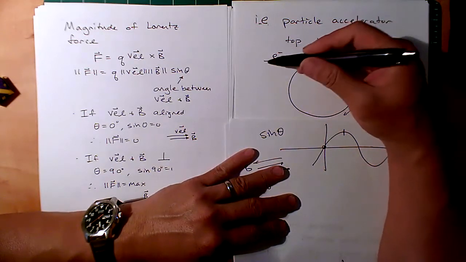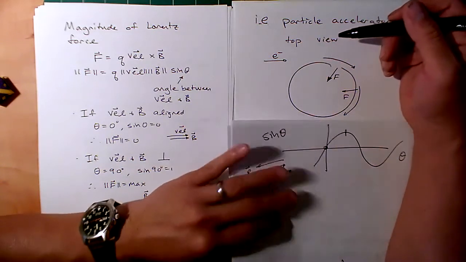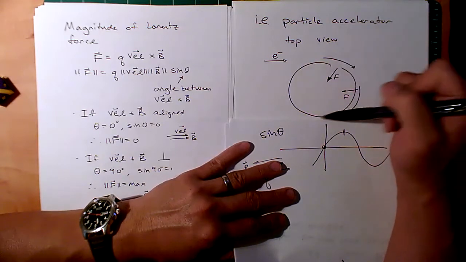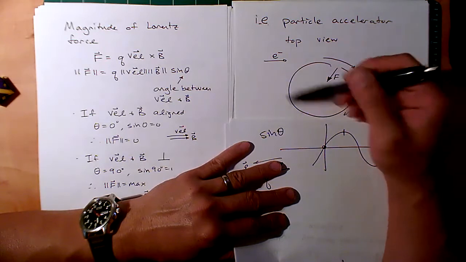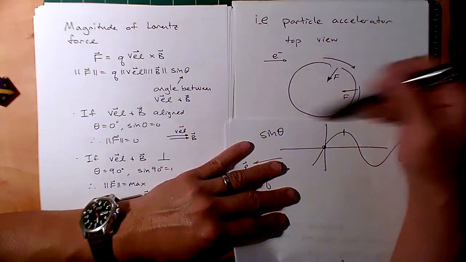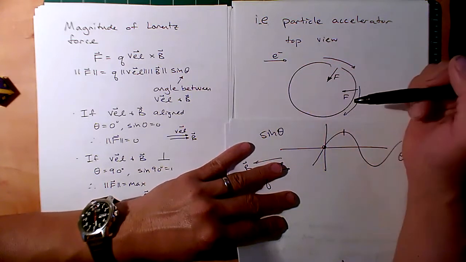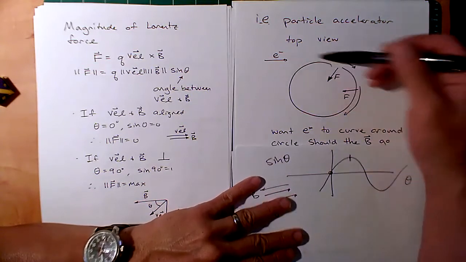What they try to do is get these electrons to spin around and around, and they can apply a magnetic field, either up or down, to give the electron a force that pulls it in to keep it in circular motion, so they can build up speed and smash it into other things, or have it spin off and do experiments. So we want this electron to curve around.